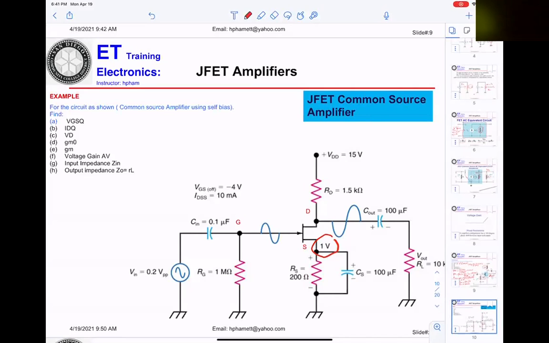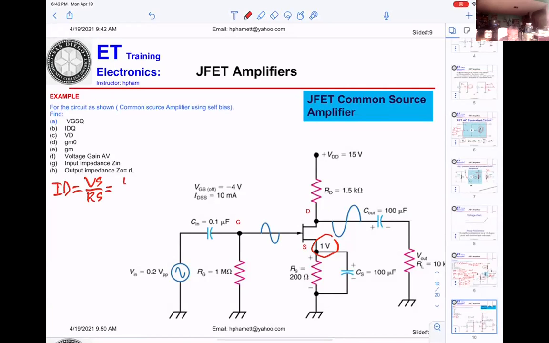Well, I know your ID has got to be 5 milliamps, because you got 1 volt from source to ground, and IS and ID are the same thing. So if you take the reciprocal of 200, you get 5 milliamps. 1 volt divided by 200, you get 5 milliamps.